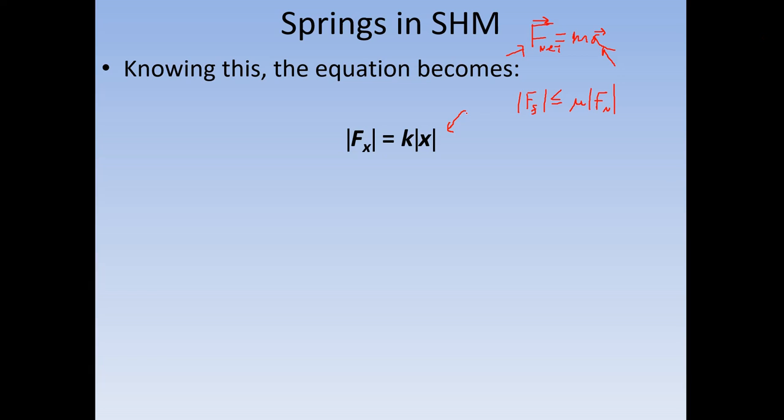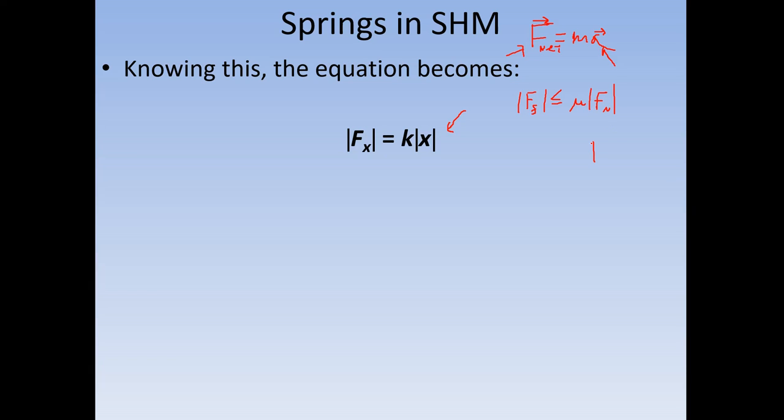So just as a recap, with the frictional force, the absolute values are there because those two forces are not in the same direction. In fact, for these two, they're in completely different dimensions. The normal force, if it acts vertically, the frictional force has to act horizontally, and vice versa.